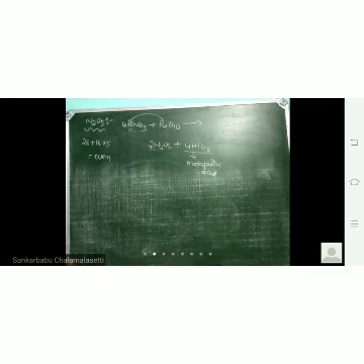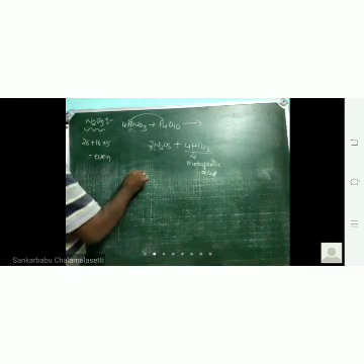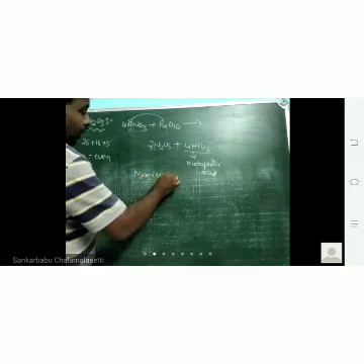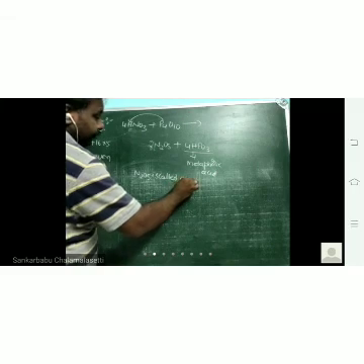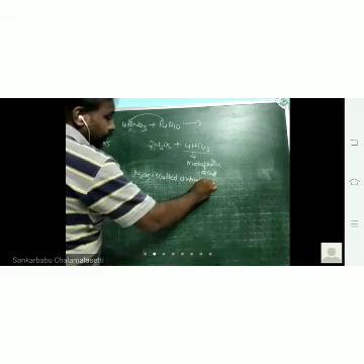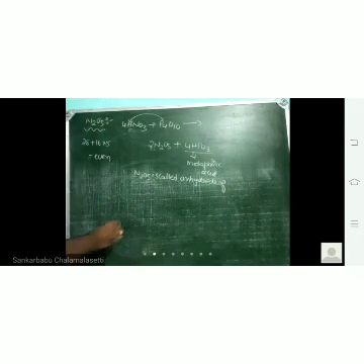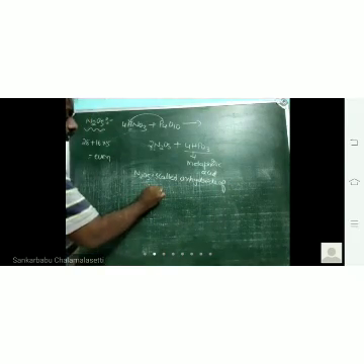And this N2O5 is called the anhydride of HNO3, that means nitric acid. Let us take 2 moles of HNO3 like this.